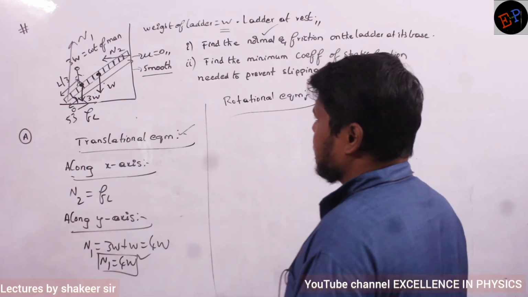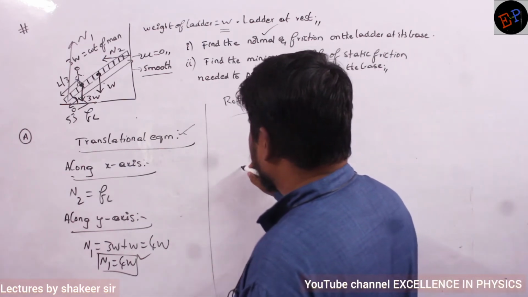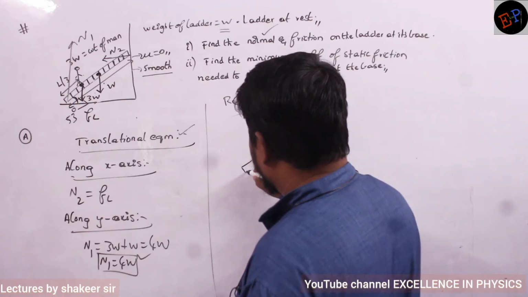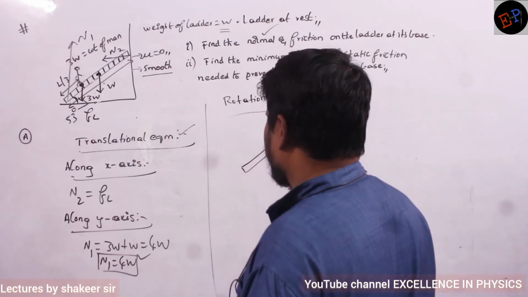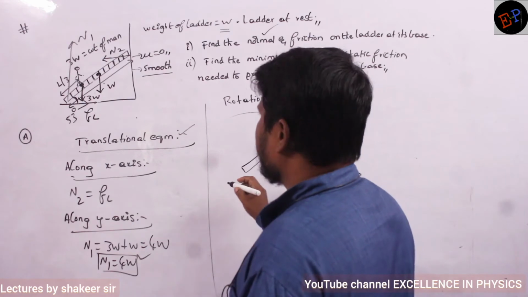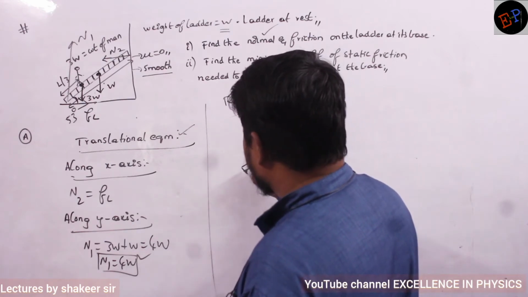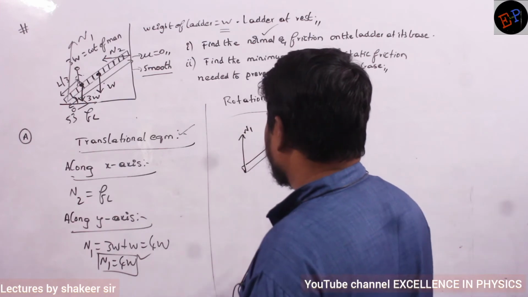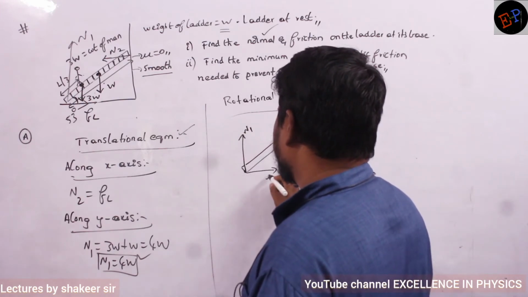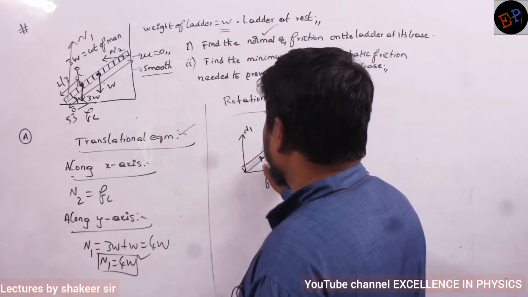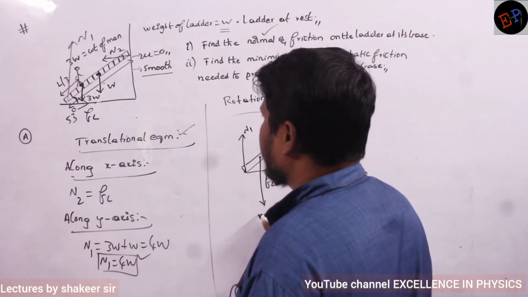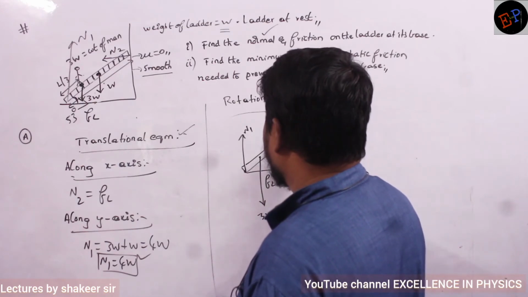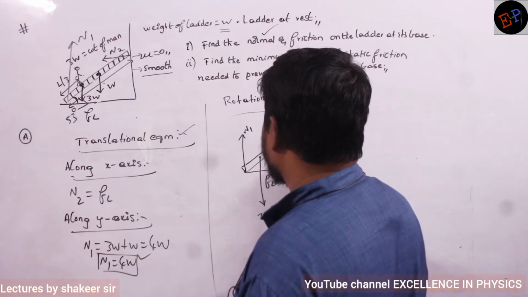I will draw this diagram here. So if this is the ladder, how many forces are acting? One force is acting here, which is called N1. One force is FL. And here, the force which is acting is 3W. And at the middle, the force which is acting is W. Clear?